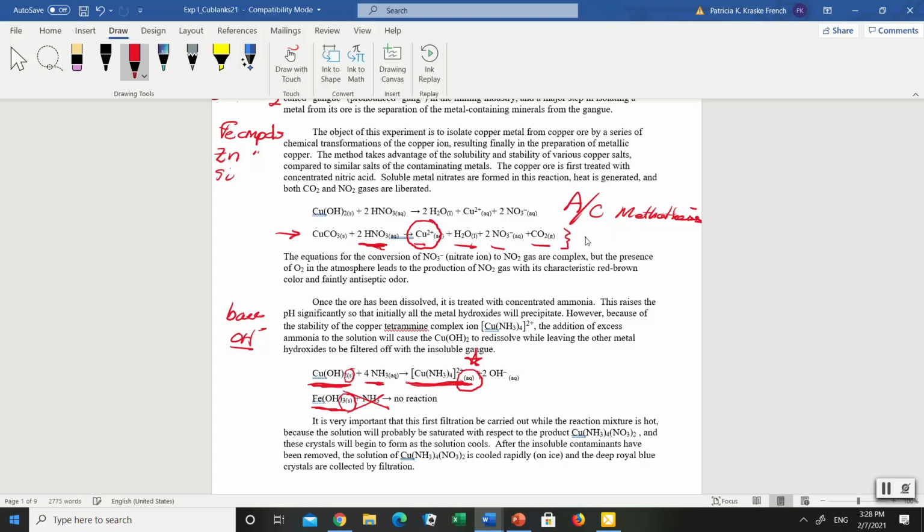I forgot to mention that. Once you've dissolved everything the first time, off goes the sand and whatever other junk didn't dissolve in your nitric acid. Here you end up losing your iron 3+ and zincs and whatever else you had that stays as a solid. And now you have this copper tetraamine complex ion, which is aqueous.